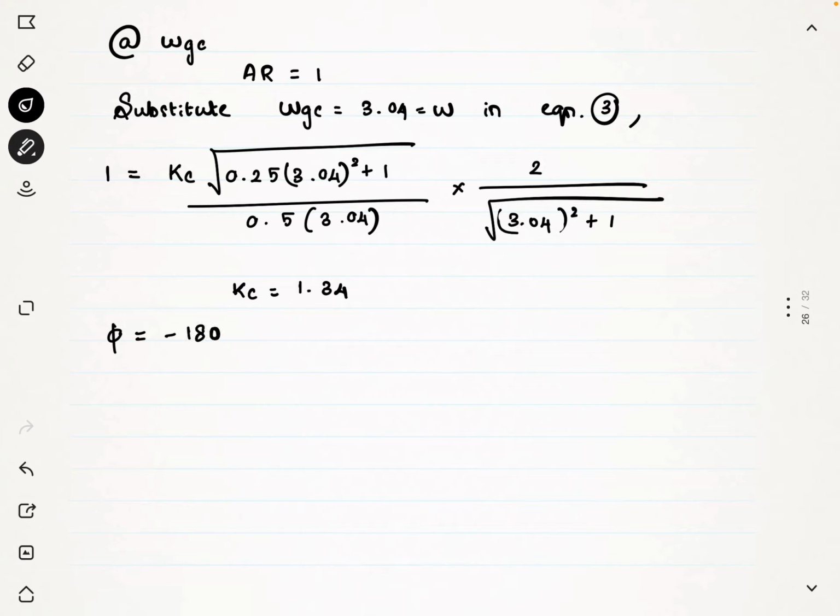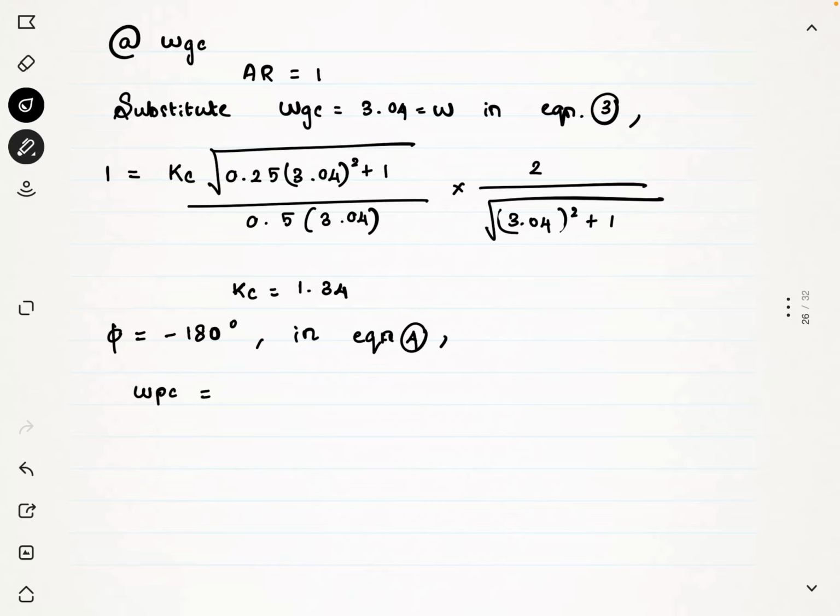We substitute phi is equal to minus 180 degree or pi radian in equation 4 to get the phase crossover frequency.